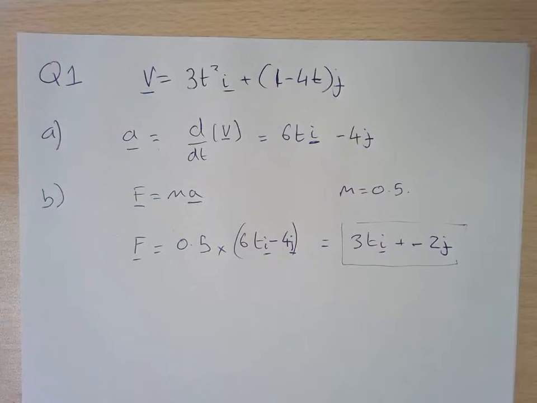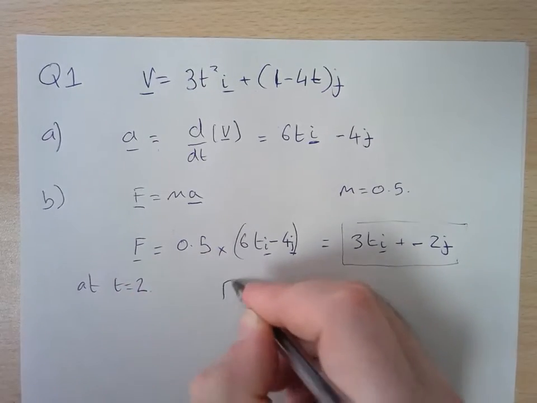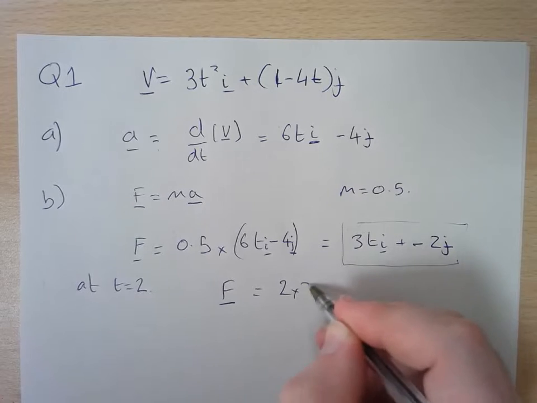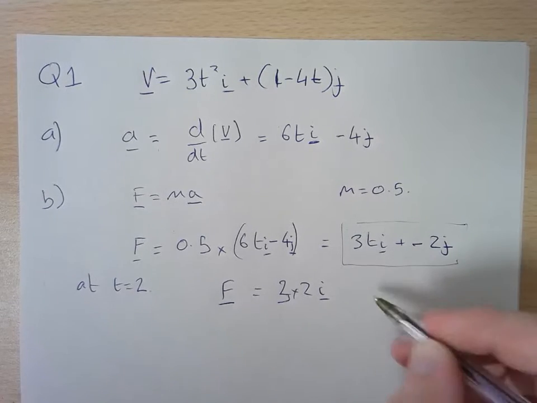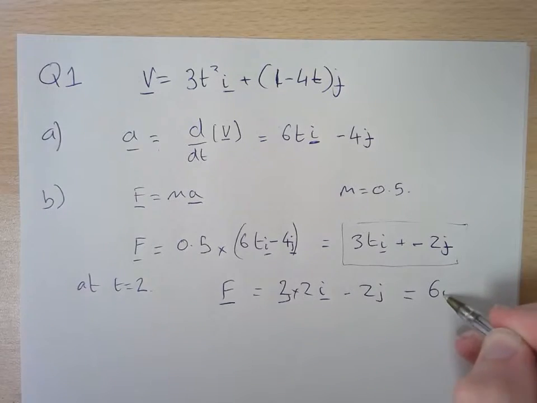We get told in the question that we need to find this when t equals 2, so we're going to write at t equals 2, F, our force, remember this is a vector, is 3 times 2 i minus 2j, which comes out at 6i minus 2j.